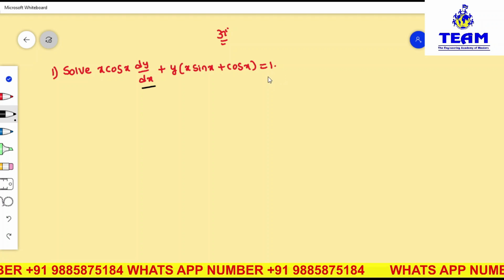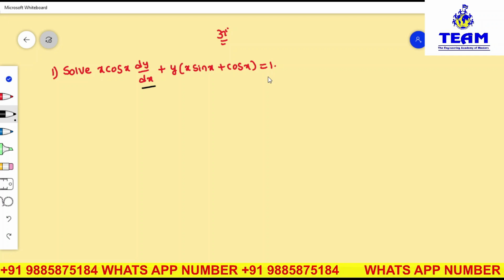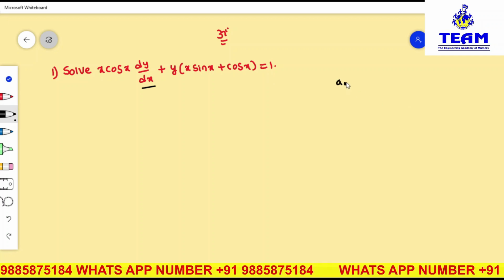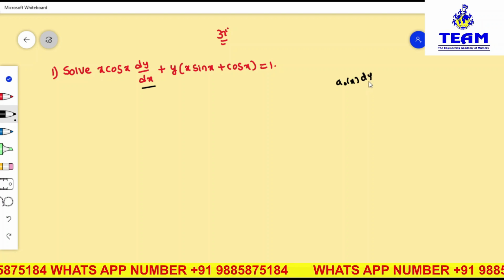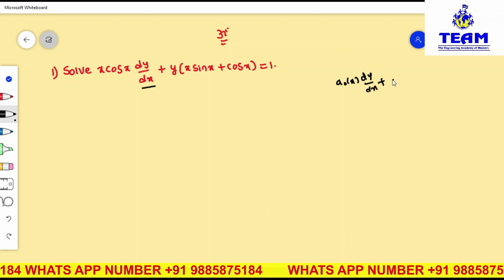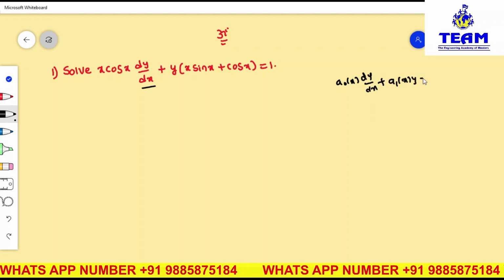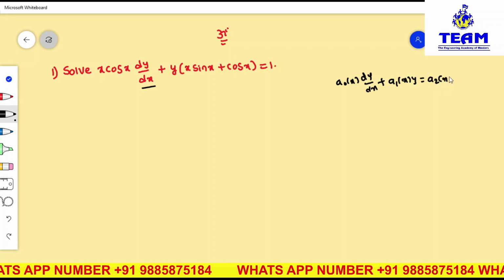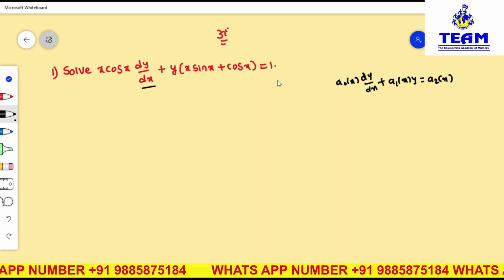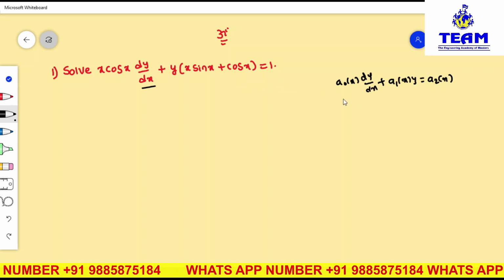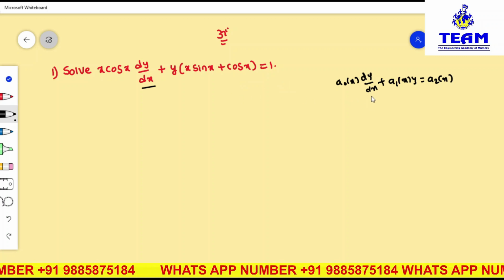Now, by observation, you can also say this is in the form a0(x) dy/dx + a1(x) y = a2(x), nothing but a linear differential equation form. Now we have to write this equation in standard form.